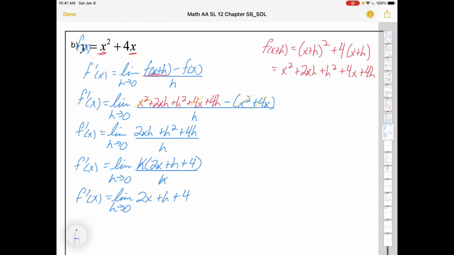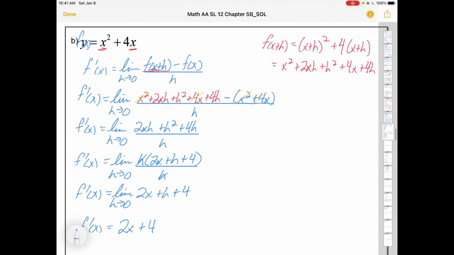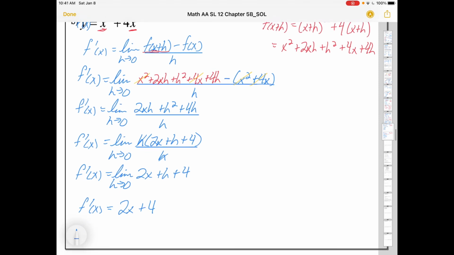So notice in every step so far I've written the limit. The limit is still there until we substitute in. At the very end, when I substitute in 0 for h, I'm going to get 2x plus 0, which I don't really need to show, plus 4. So the slope anywhere on this parabola can be found with this handy little formula of 2x plus 4.